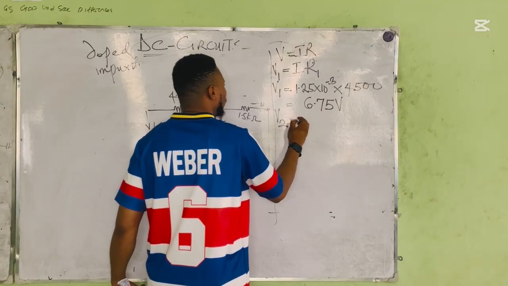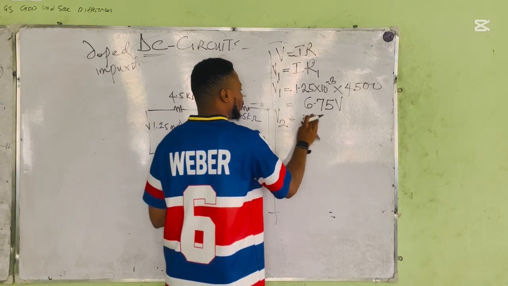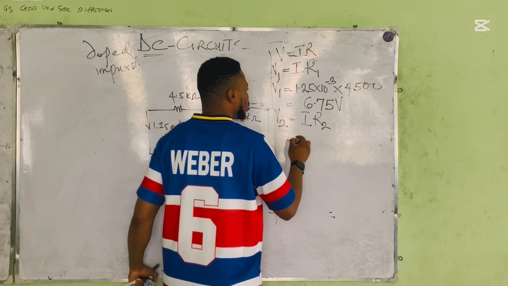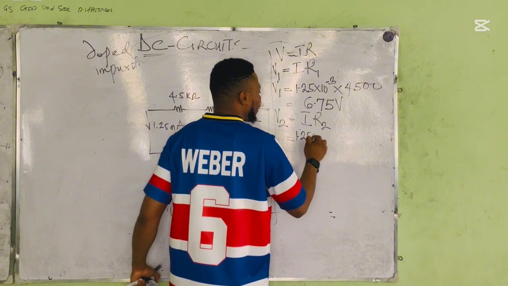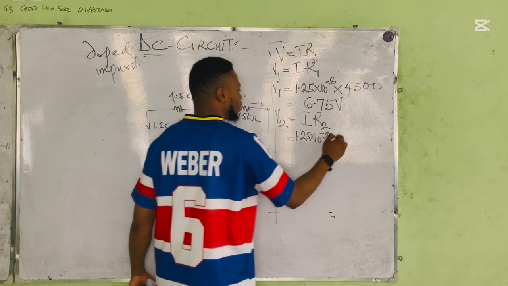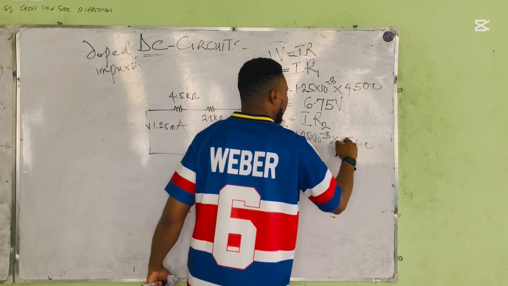Now V2 is equal to still the same current, 1.25, so V2 will be equal to IR2. So this will still be 1.25 times 10 raised to power minus 3, times R2, 2.5 times 10 raised to power 3, which is 2,500.